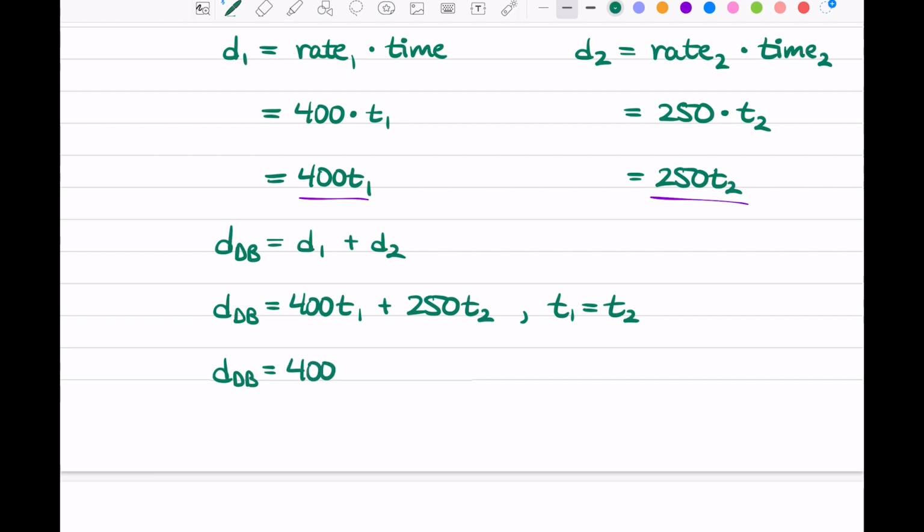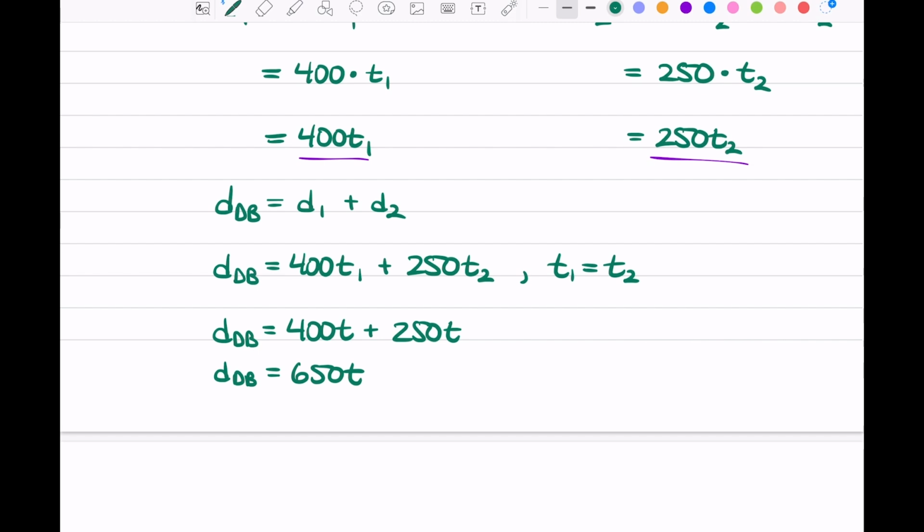So we have 400 times t plus 250 times t. So instead of having 2 variables, we just need one. And this shows that both planes are flying for this same amount of time, t. And we can clean this up a little more. 400t plus 250t gives us 650t.